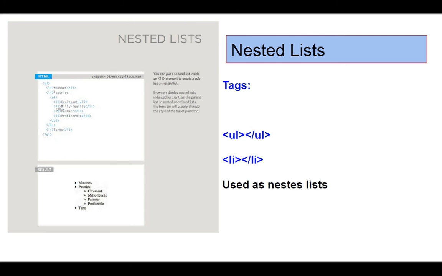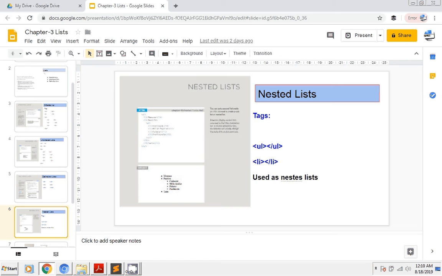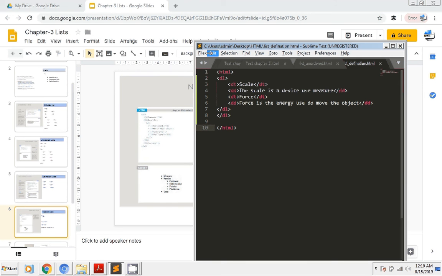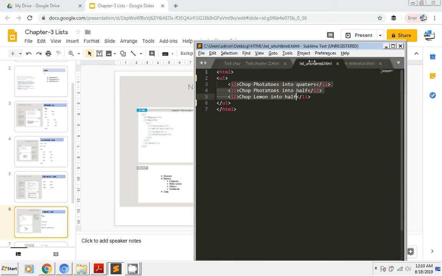So we'll see how it can be done. We'll take this example only. We have an unordered list, so instead of the unordered item we can have one more unordered list. This is called nested. So for example, I'll do it this way.